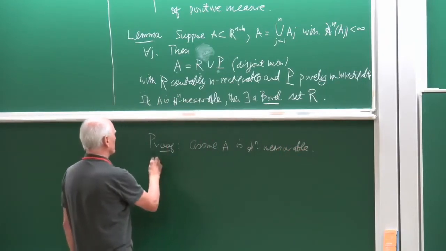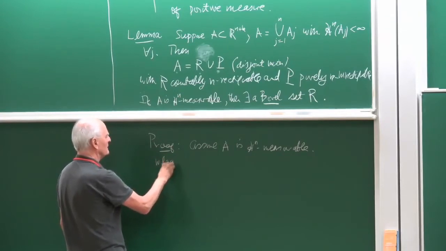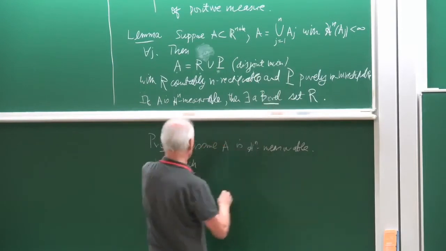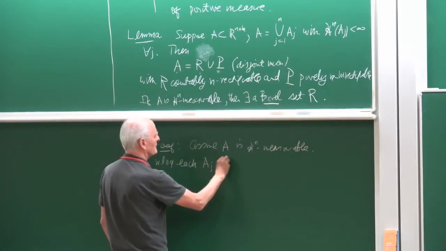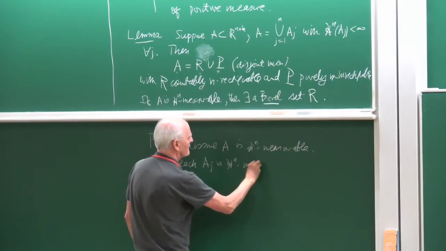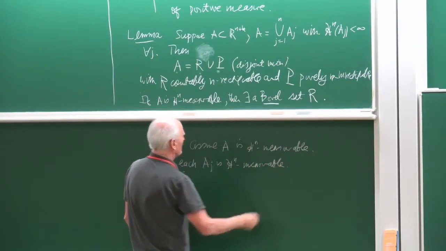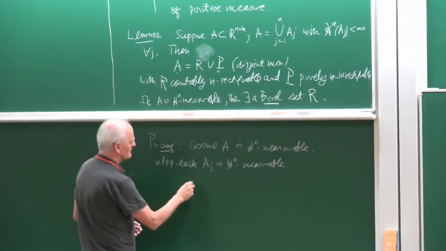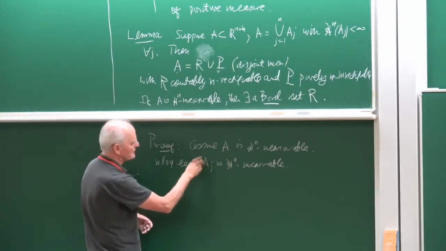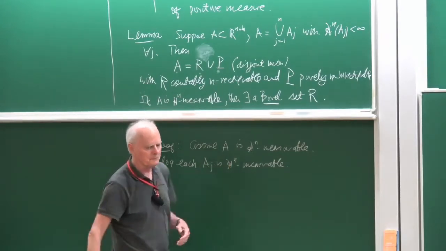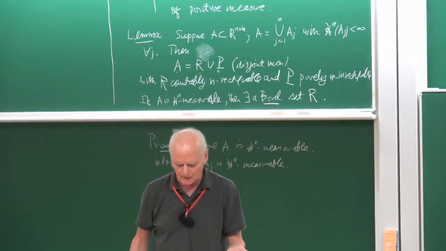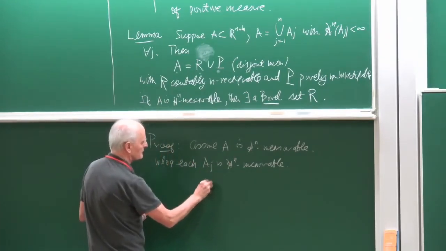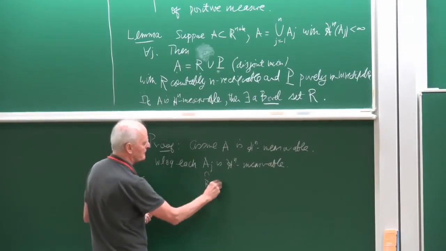And then, without loss of generality, each of these A_j can be taken to be H^n measurable. That's clear, isn't it? Remember Hausdorff measure is Borel regular, so we can always find a Borel set B which contains A_j with the same measure.